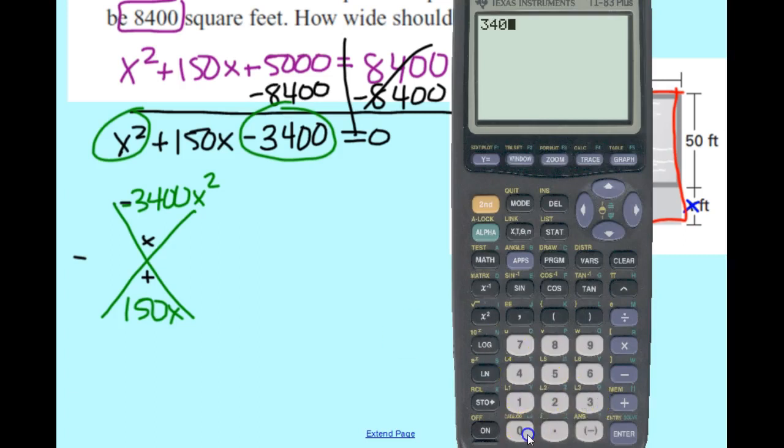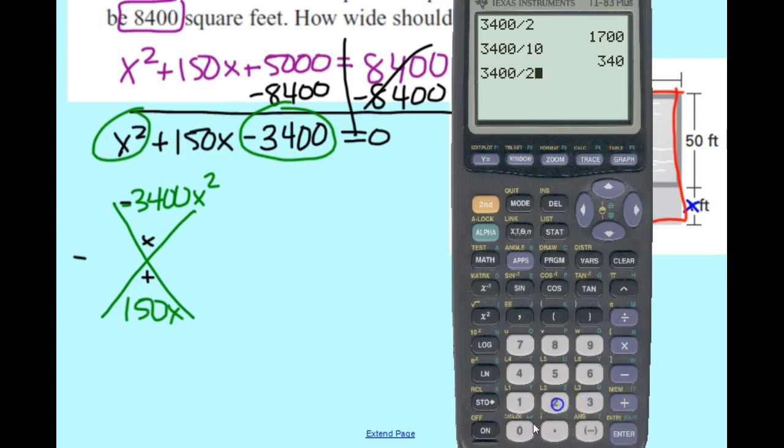So 3,400, if I divide by 2, well, 1,700 and 2 are not going to give us 150. So we better pick a bigger number and go from there. 3,400 divided by 10 is 340 and 10. If you add them, 350, or subtract them, 330, still not going to be close to 150. So let's pick a bigger number.